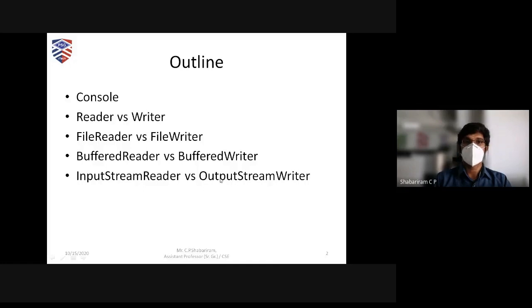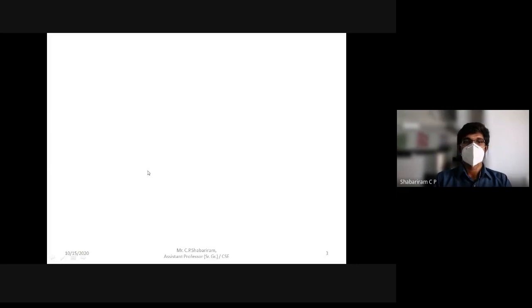From the name itself, it combines a byte-oriented class as well as a character-oriented class. Input stream is a class name for byte-oriented data. Reader is a class specific to character-oriented data. So similar to input stream and output stream, here we have two different classes.